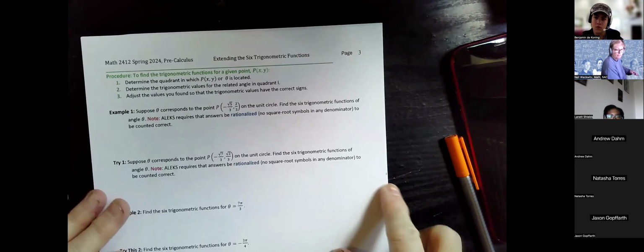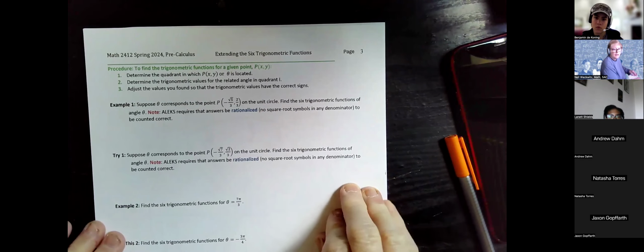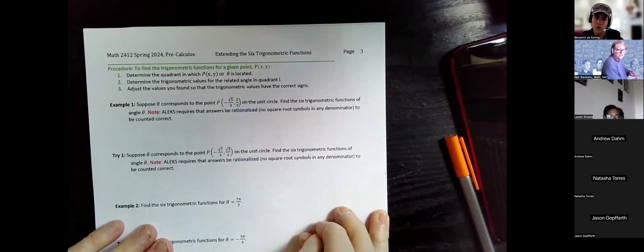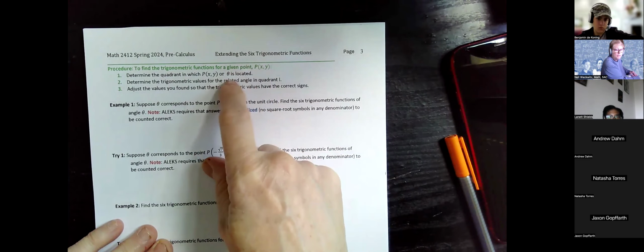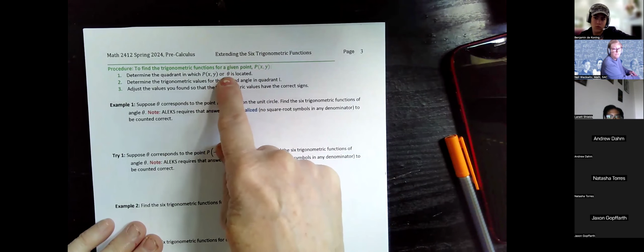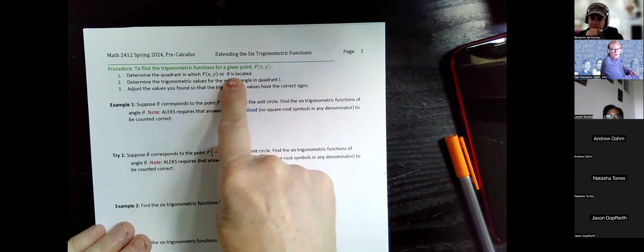And now, let's look at finding the 6 trig functions for a point. And we also are thinking for theta, if we know where the point is, we know what theta is.